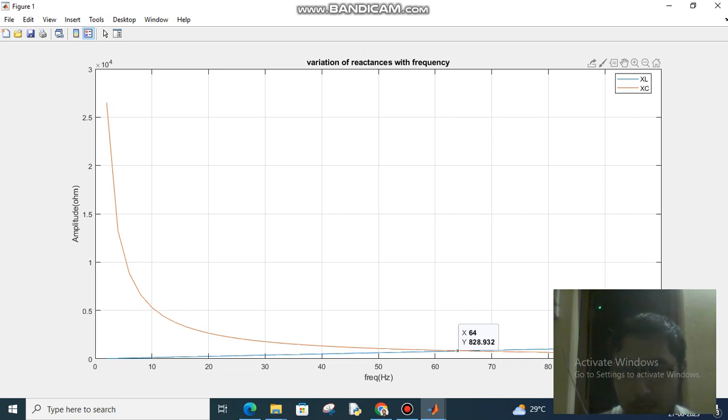That is the resonance condition. At resonance, the graphs of capacitive reactance and inductive reactance cut each other, so overall the circuit behaves as a resistive circuit. So we are getting the resonance somewhere between 60 and 70 Hz.